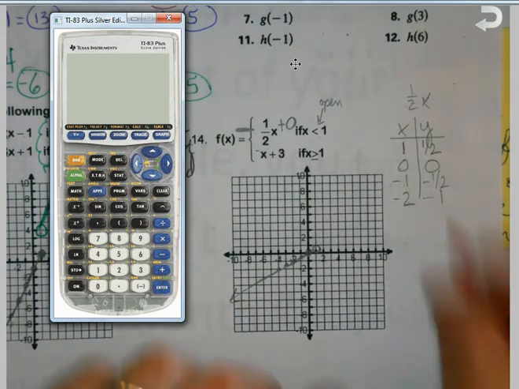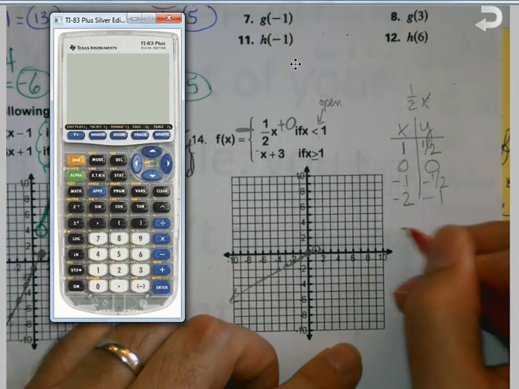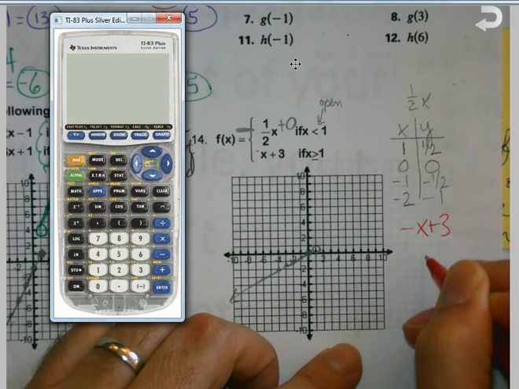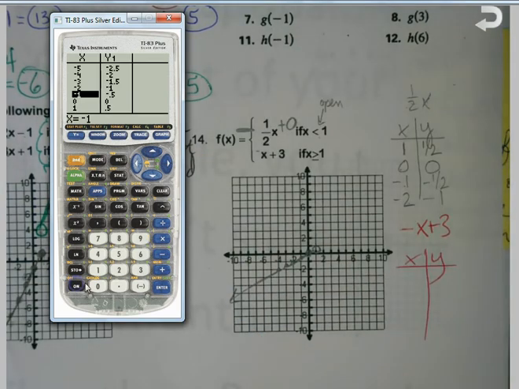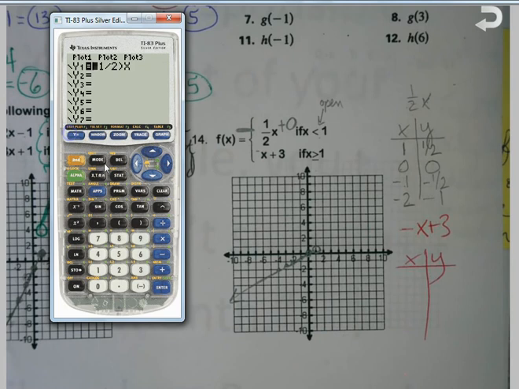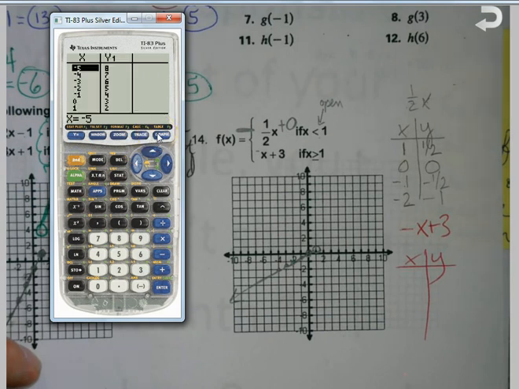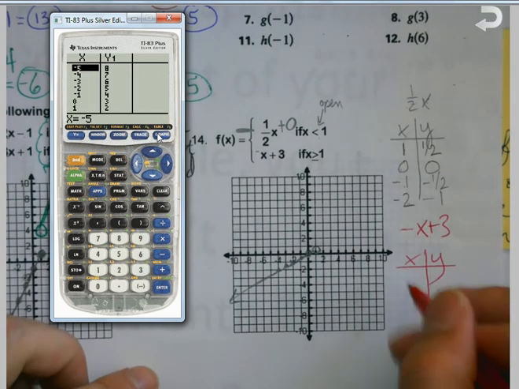And I can do the same thing with the other one. I could have -x plus 3 and do the same thing. Now let's save us a little bit of time this time. If we plug it into the calculator, -x plus 3, and do our chart again, I know I'm going to be starting at 1.